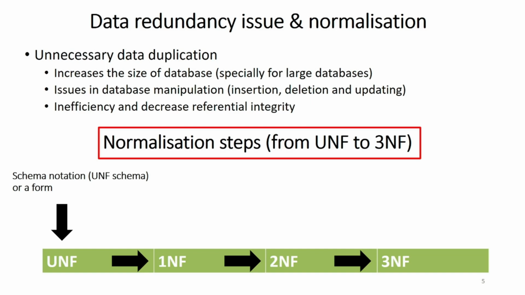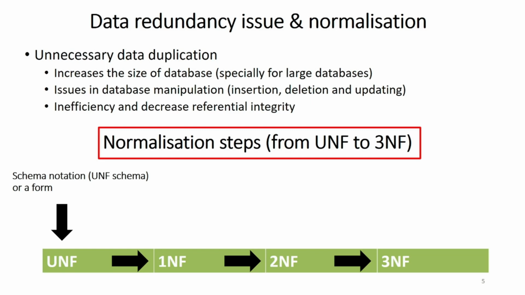Specifically for large databases, this is really inefficient in terms of time and space. And most importantly, the issue of inaccuracy in our manipulation, including insertion, deletion, and updating. This duplication makes our design inefficient and decreases referential integrity. So what was the solution? We said that we are going for a normalization step from unnormalized form to third normal form.